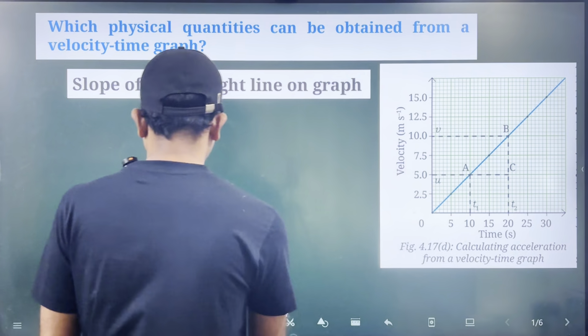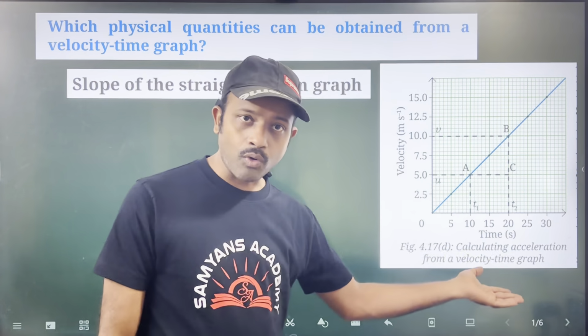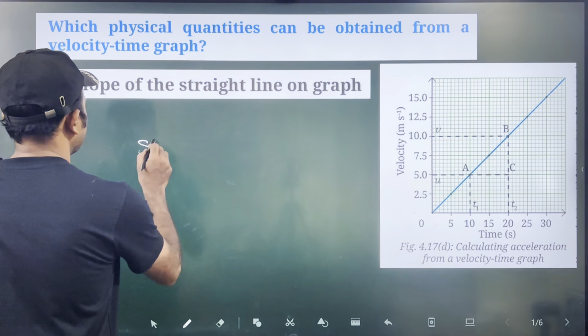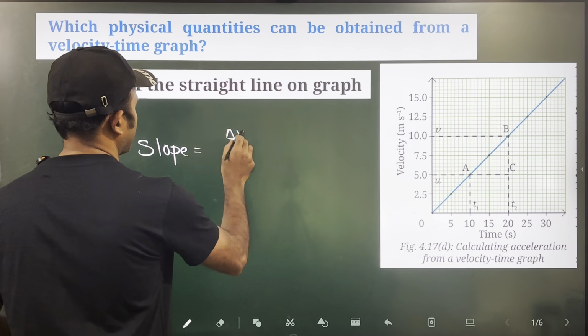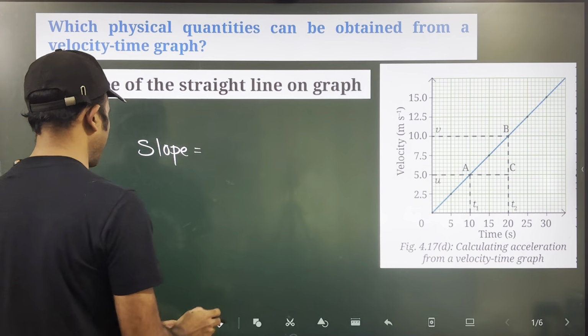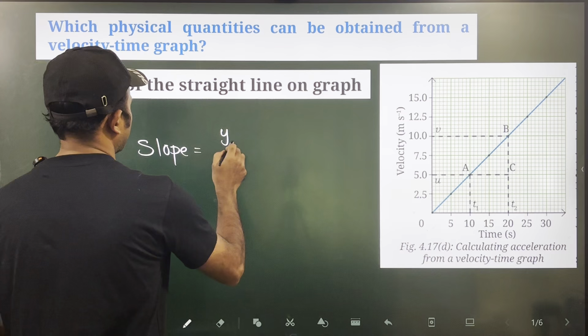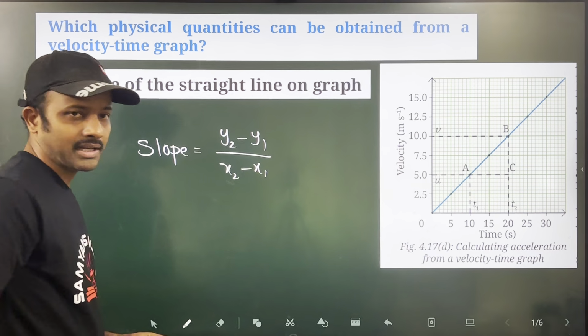For the velocity time graph, when we discuss the slope, it gives change in velocity by time. So change in y-axis with respect to change in time, or we can write it as change in velocity by change in time. Slope is nothing but change in y-axis with respect to change in x-axis.